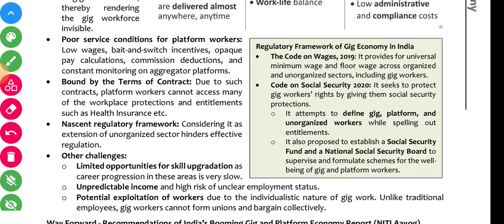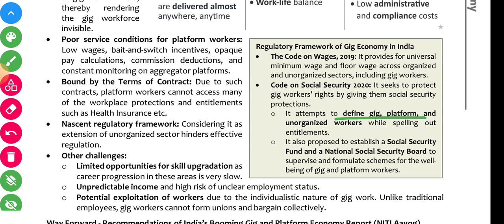Regulatory framework of the gig economy in India: Code on Wages Act 2019. It provides for a universal minimum wage and floor wage across organized and unorganized sectors, including gig workers. Code on Social Security 2020.